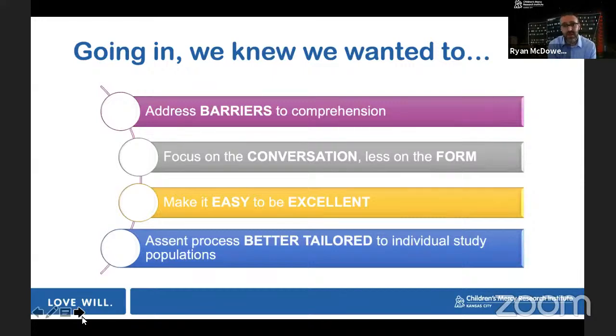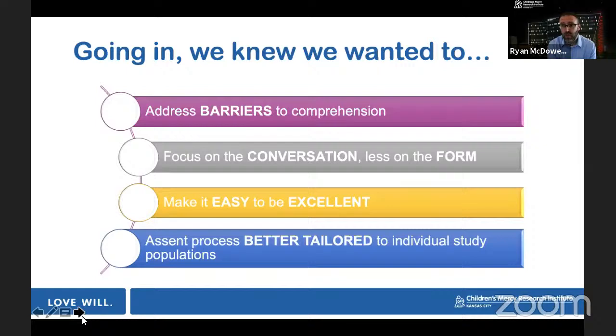We felt like we always did a good job with getting all of the information in there. But where we weren't doing a great job was comprehension. We weren't giving it its due diligence and doing enough to ensure comprehension. So we knew going into it that we really needed to address barriers to comprehension and get people thinking about it in a different way. So that was at the top of our list.